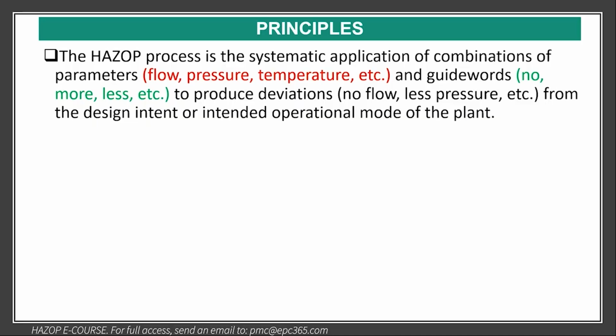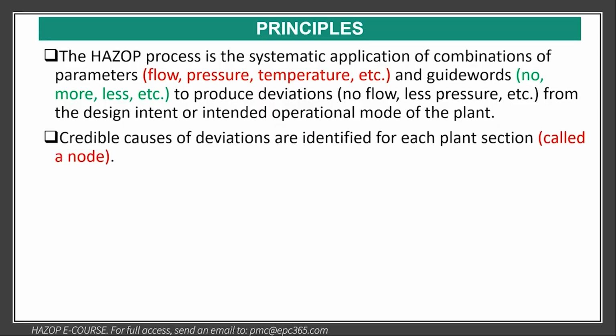So as we said, HAZOP process is a systematic application of combinations of the parameters. We will discuss the parameters: flow, pressure, temperature, etc. And the guide words: no, more, less, etc. And to produce the deviation from the design intent or intended operational mode of the plant.